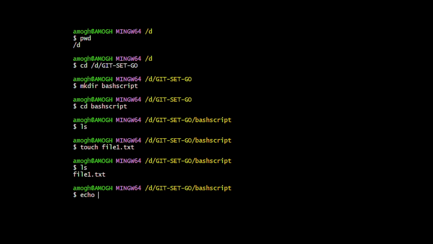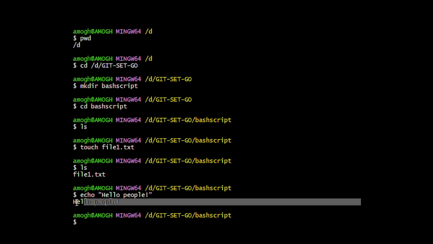It is just like printf in C, or System.out.println in Java. Echo is a command to print in bash. I'll say echo hello people, and I get hello people here.